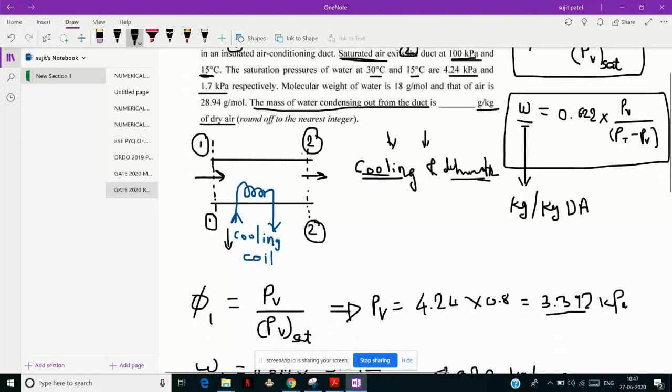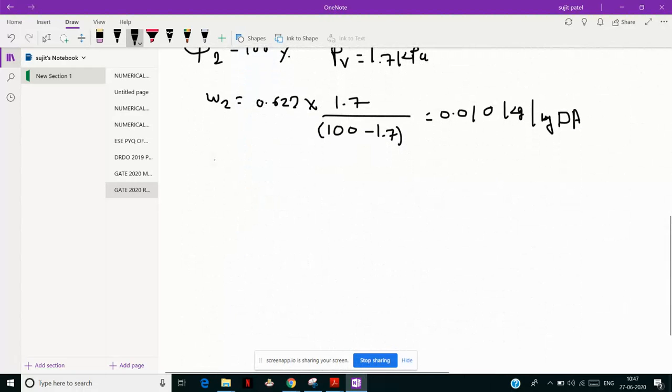So the difference between these two specific humidities tells us how much water condensed: 0.020 minus 0.010, that means 0.010 kg per kg of dry air.